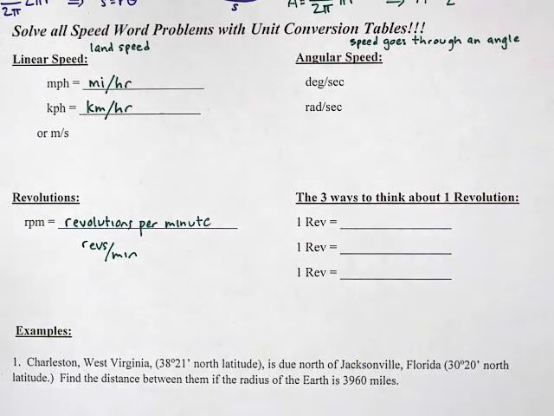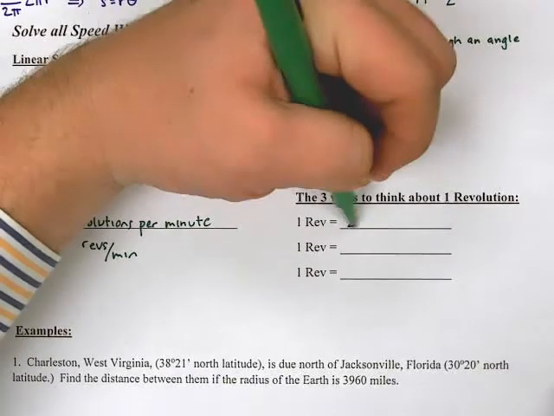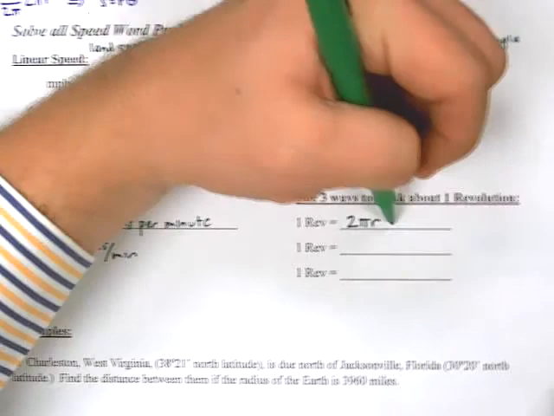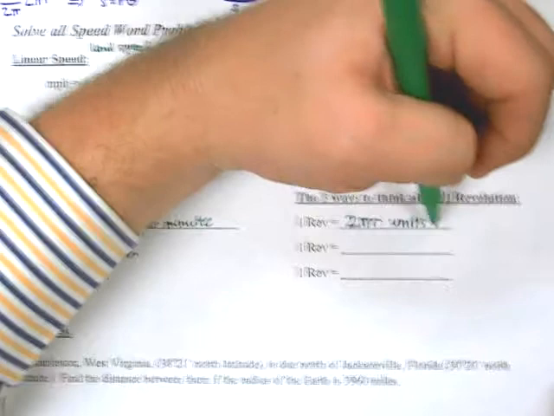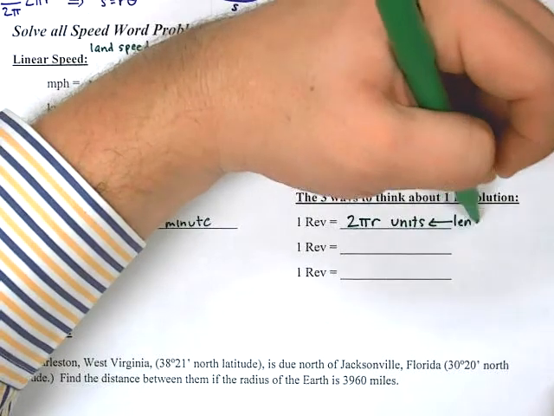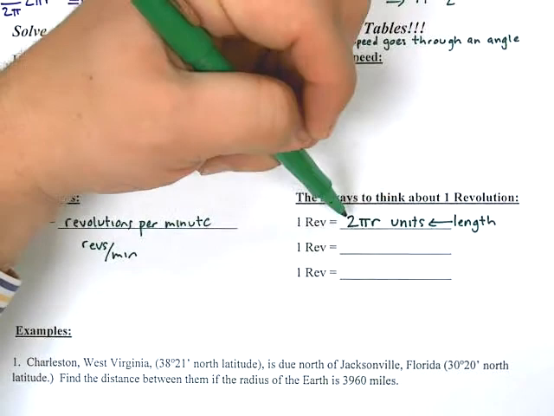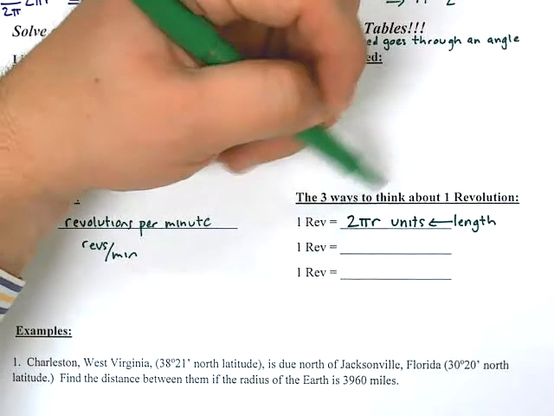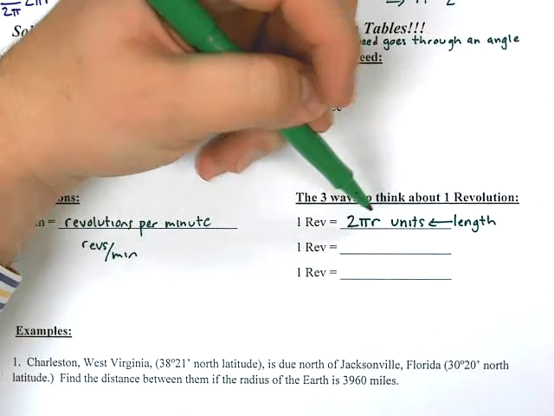Alright? So let's do the length one first. We know that 1 revolution will always take 2 pi r units. This one has to do with the length. And we know this because this is just circumference, right? 1 revolution, all the way around, would be the circumference of a circle.